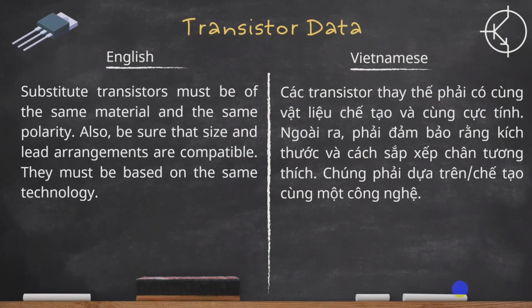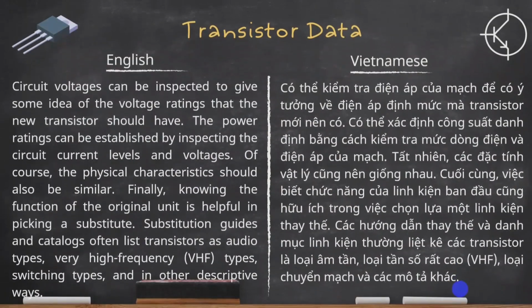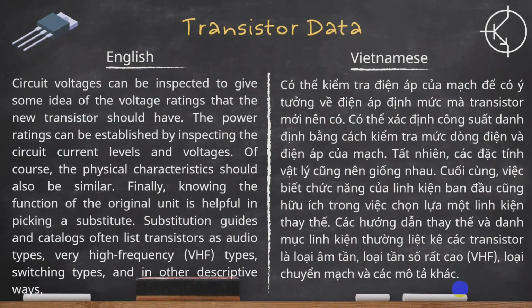Substitute transistors must be of the same material and the same polarity. Also, be sure that size and lead arrangements are compatible. They must be based on the same technology. Circuit voltages can be inspected to give some idea of the voltage ratings that the new transistor should have.